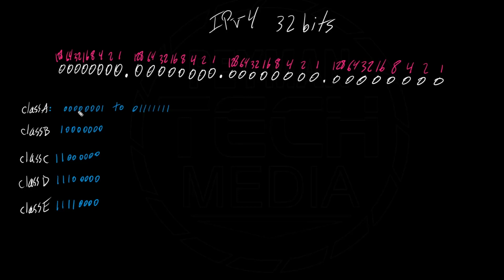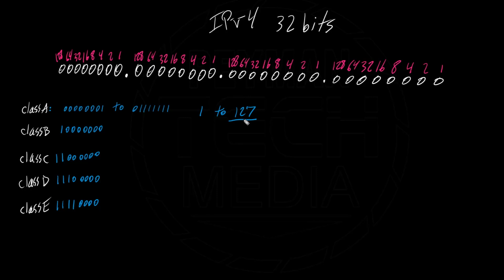So in class A, this is the first octet, which we talked about. The first octet range goes from this binary to this binary, which when we convert the binary to decimal gives us 1 to 127 in the first octet. And 127, I should talk about that, is reserved for the loopback address.